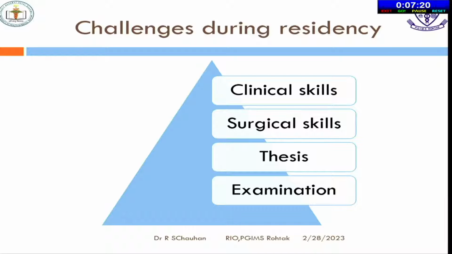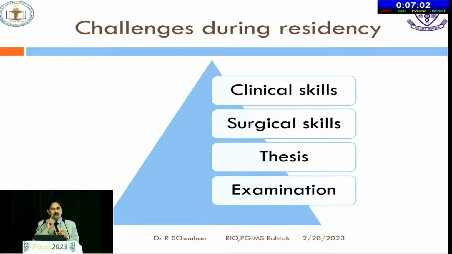Even away from that, there is one more thing we are trying with our residents. We put a cotton ball inside a glove, make the size of a cornea, and ask the resident to pass 16 sutures of 10-0 suture under the microscope, applying stitches 3-2-1, 4-2-1-1, 3-1-1, etc., so that radiality will be seen, tensile strength will be seen, and hand-eye coordination will be developed, and it is not messy.